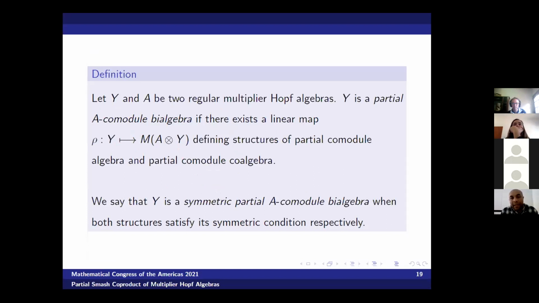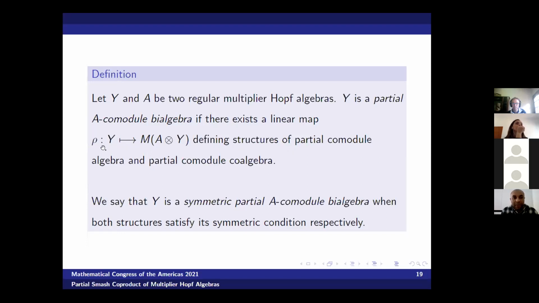we have to prove that delta bar is a multiplicative map. So we define comodule bialgebra in this context. This definition also appears in the global, and the definition is that we have both structures.